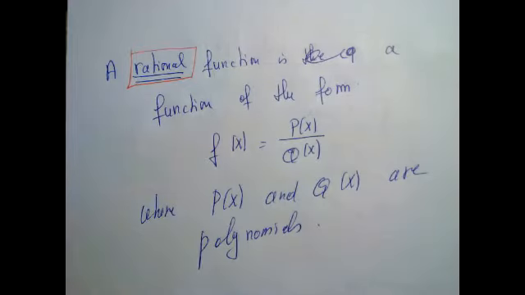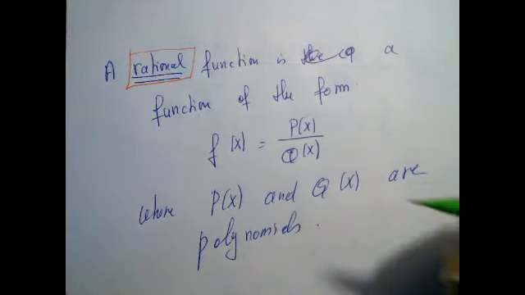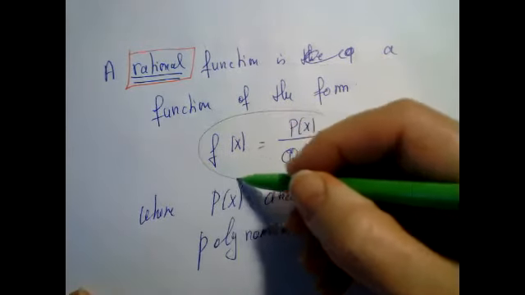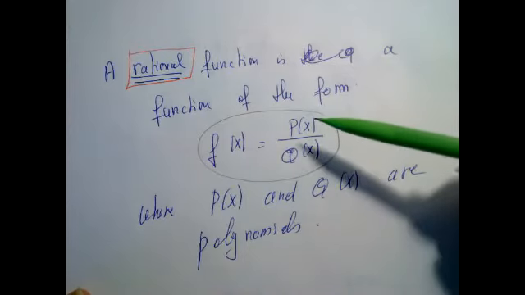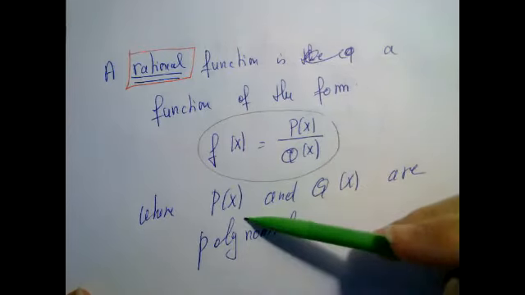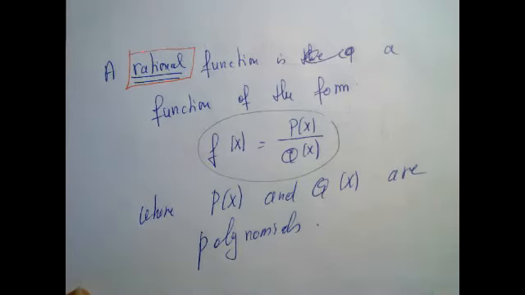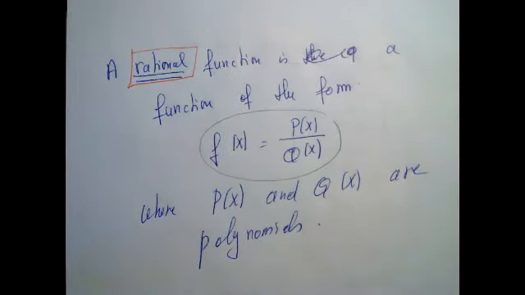Okay, and in this section 8.5, what we are going to learn is how to find the antiderivative of a rational function. Very specific format. A function of the form p over q, where both p and q are polynomials. This is what we're going to learn in this section.